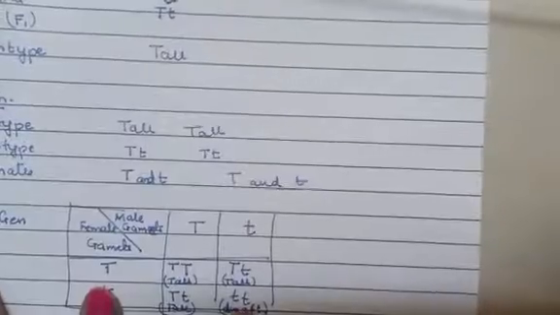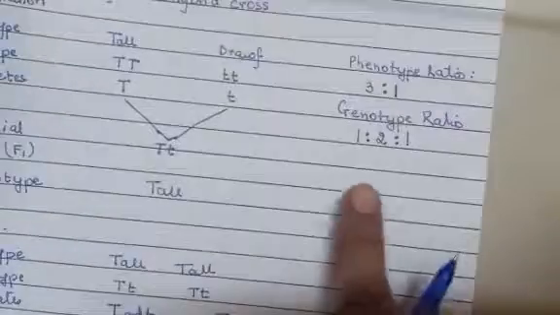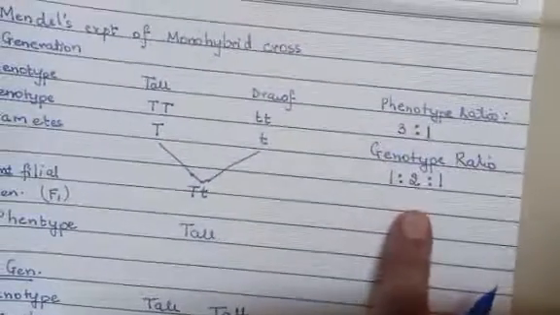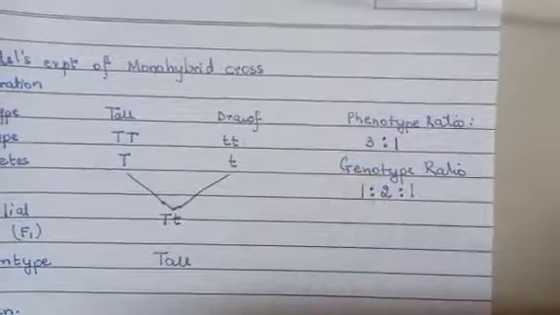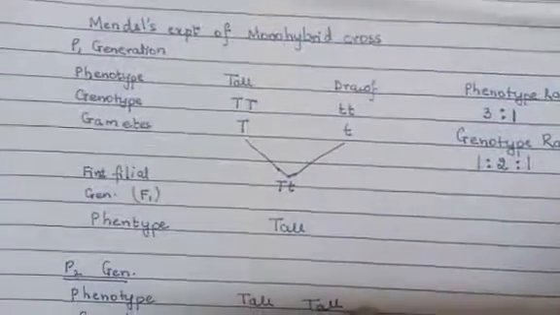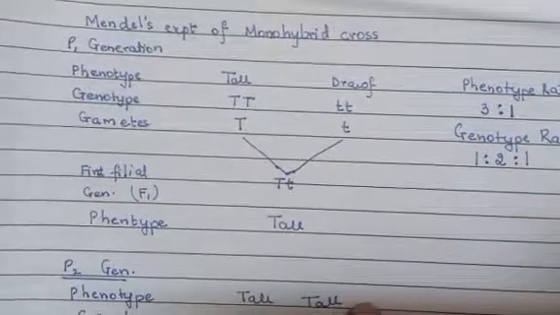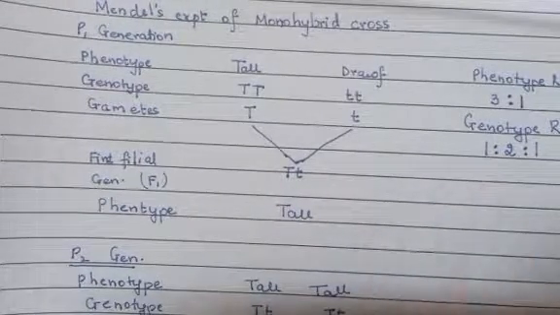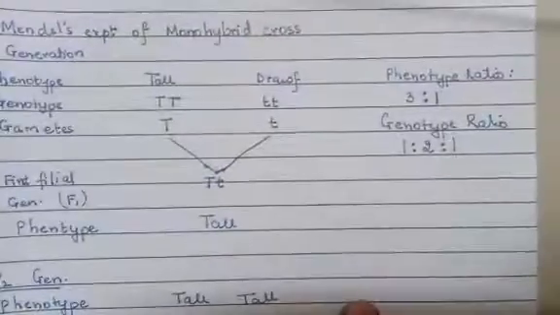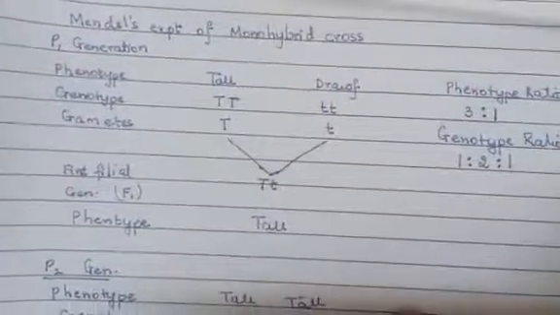And there is one more plant which has a different set of genes. So the genotype ratio would be 1:2:1. Phenotype ratio is 3:1. Okay. So in this way, we get to know of Mendel's experiment of monohybrid cross. So whenever we do the cross, we are also supposed to write the phenotype and the genotype ratio.